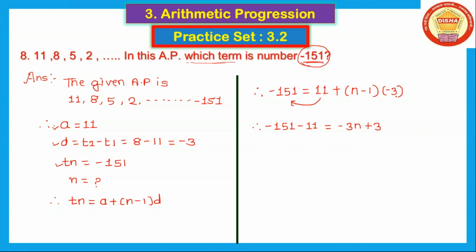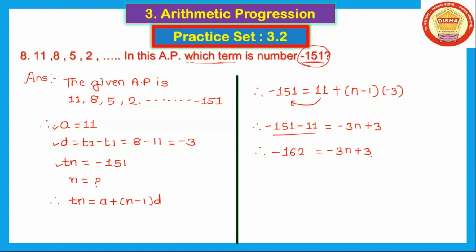We are multiplying negative 3 with n and with negative 1. Then see, both numbers have the same negative sign, so here we do addition. 2, 6, 1, means negative 162 is equal to negative 3n plus 3.